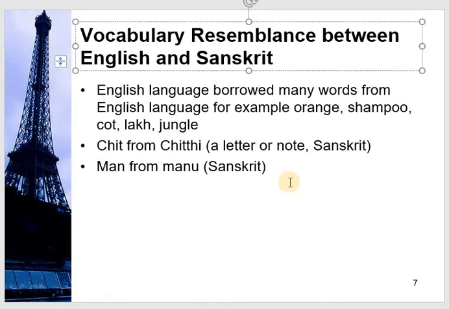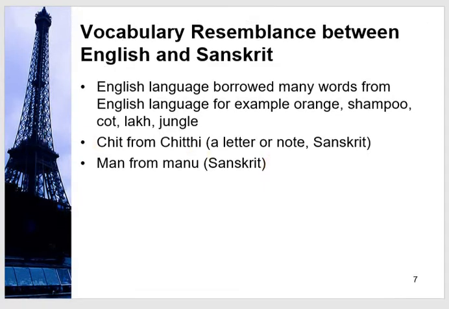The word chit has been taken from the Sanskrit word chithi, and the word chithi has been used in Urdu also. The word man is an English word, and it has been taken from Manu, a Sanskrit word. So there is resemblance between English and Sanskrit.